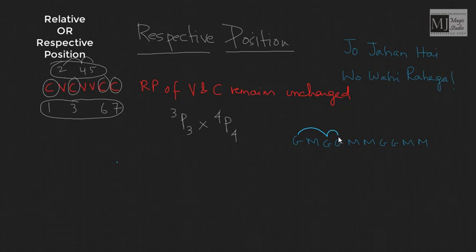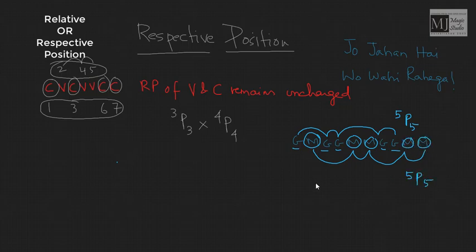That means the 5 girls would be arranging themselves on their 5 positions only in 5 factorial ways, and the 5 boys on their positions in 5 factorial ways. So the answer will be factorial 5 into factorial 5. I hope the concept of relative position is clear now. Thank you.